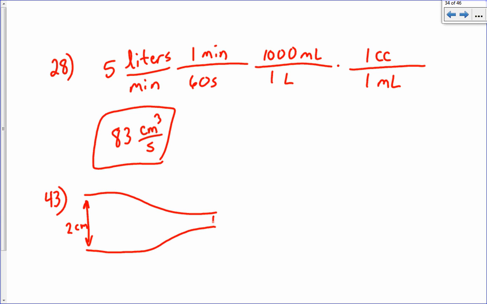And then it has a diameter of just 1/2 a centimeter. And in the larger part, it has a speed of 50 centimeters per second. And I want to know what is the speed when it comes over here. So I want to know what is this. I'll call this V2.